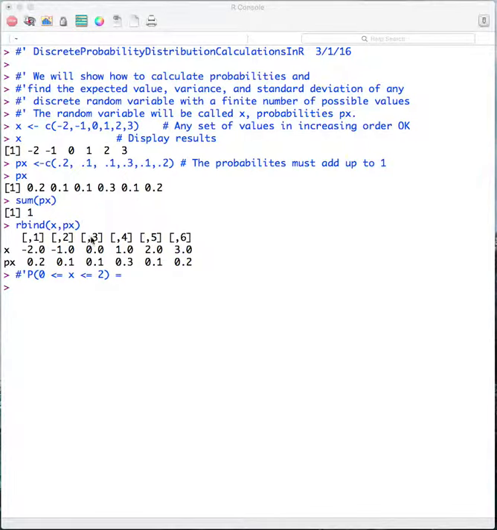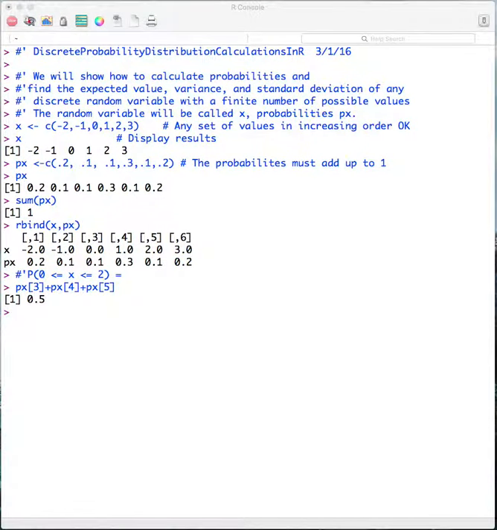Now, x equals 0 corresponds to px3, x equals 1 corresponds to px4, and x equals 2 corresponds to px5. So we could find this probability by just taking px3 plus px4 plus px5. That gives us 0.5.